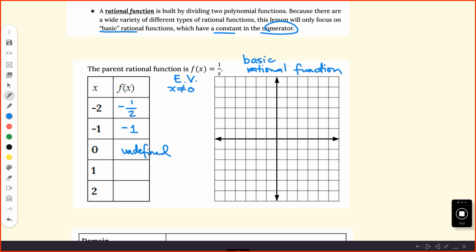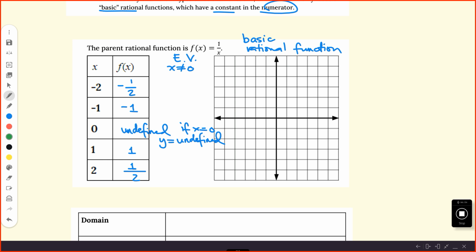So that means if x is 0, the y value is undefined. The undefined part will also give us the asymptote. And then if x is 1, what is the value? That's just 1 over 1. If x is 2, that's 1/2.